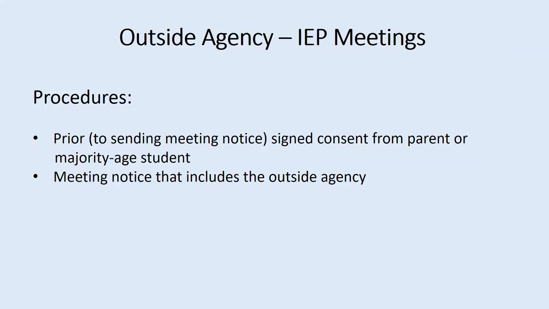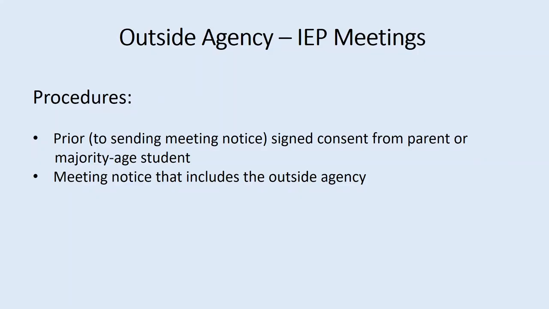And again, you don't have any control over whether or not they attend, but if they are going to be providing information and the student's going to be working in that particular setting, it's a good thing to include them.